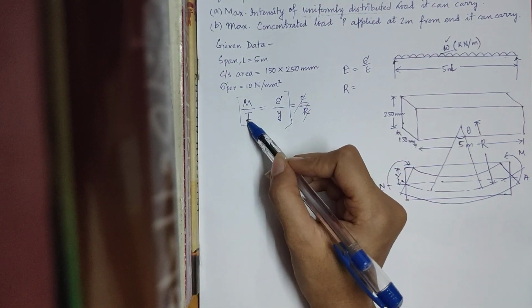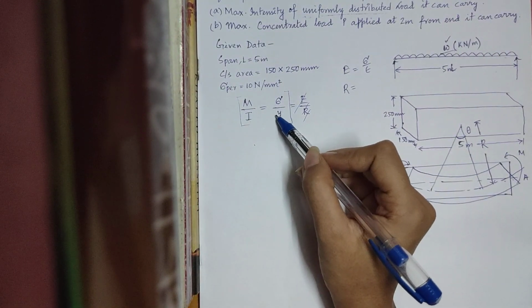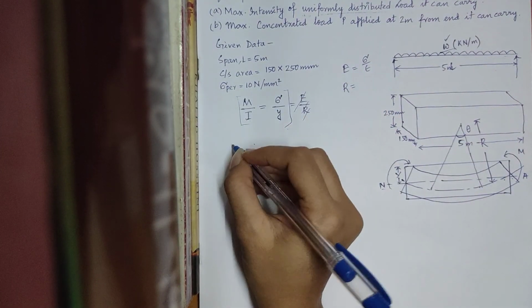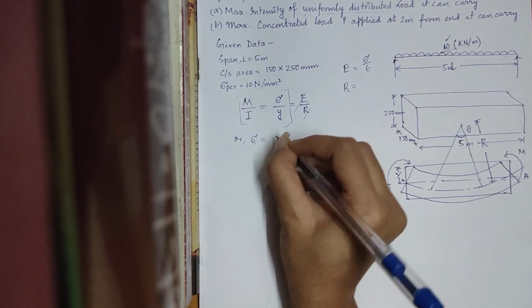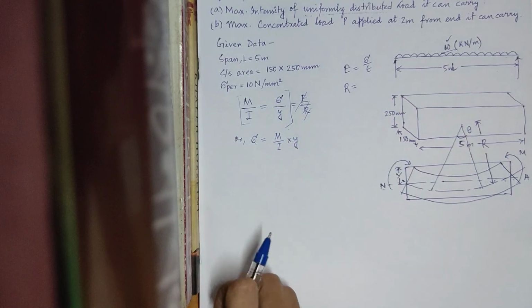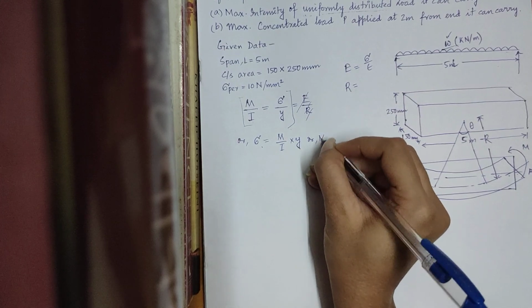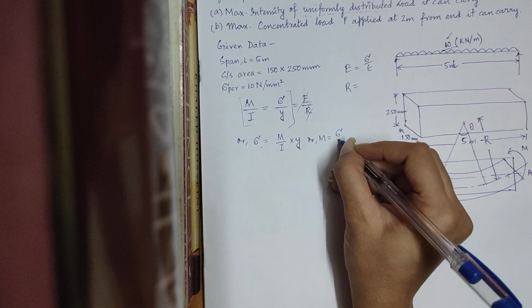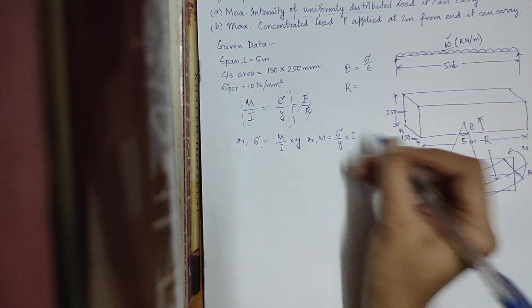We will be able to calculate I, which is the moment of inertia, and we can also calculate the value of y. So we can rearrange this expression, sigma is equal to M by I into y, or I'm so sorry, we can write it like this because M is unknown here. It is going to be M equals sigma by y into I. Clear?